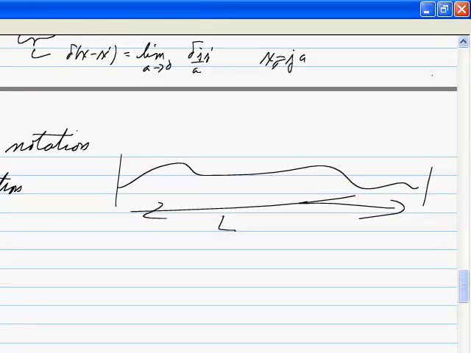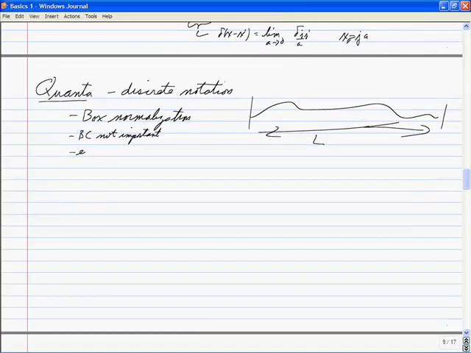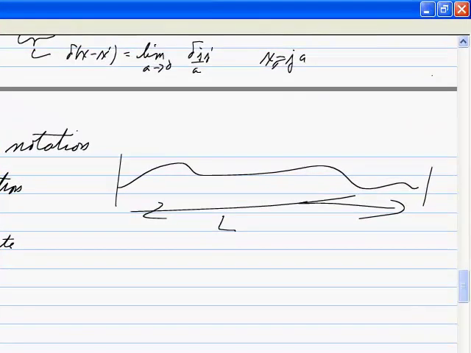But the main thing is that the energy levels are discrete. Okay, this makes the math a little easier for us. It's also a good physical situation for many things. Then we'll come back and we'll do the continuum notation, maybe even next time, soon. Okay?